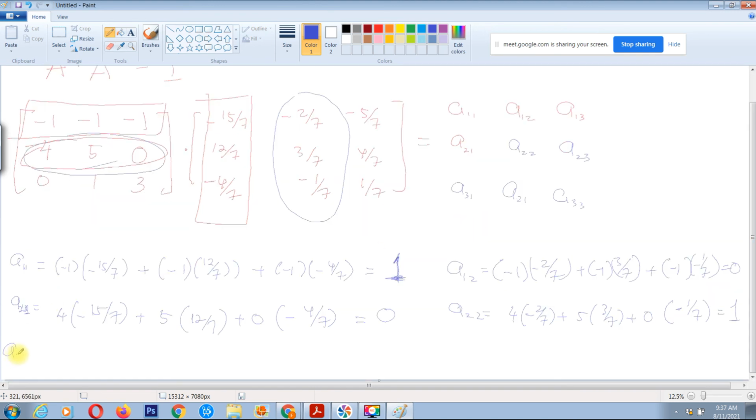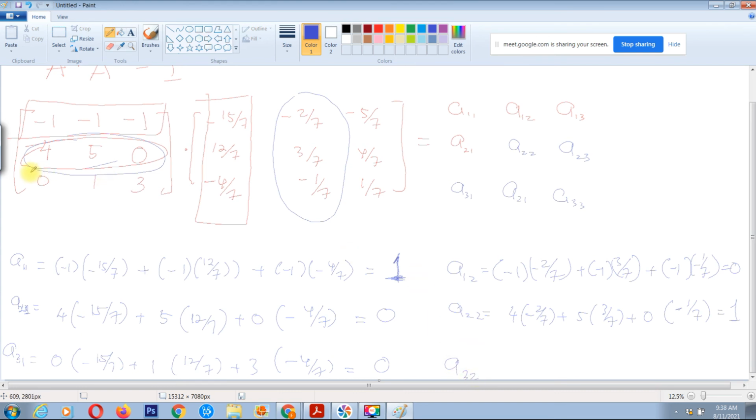Third row, first column: 0 times negative 15 over 7, plus 1 times 12 over 7, plus 3 times negative 4 over 7, equals 0.